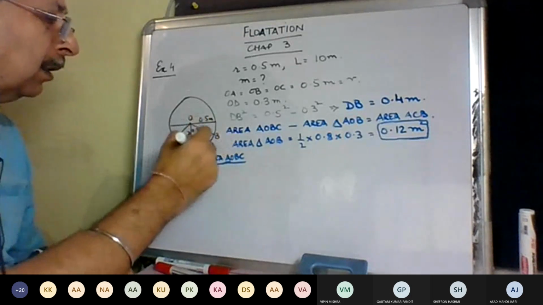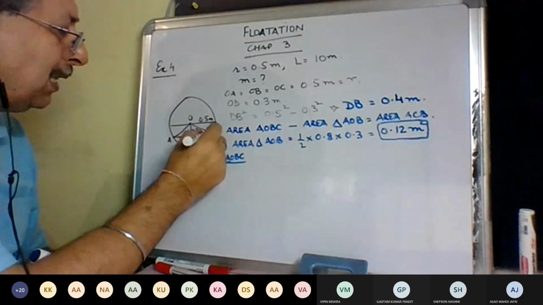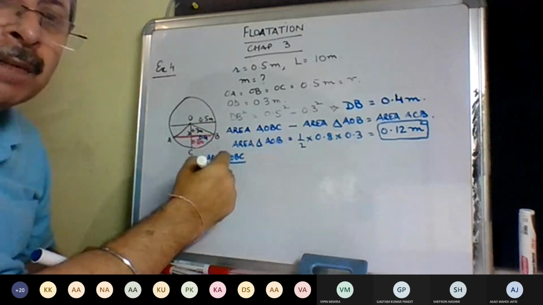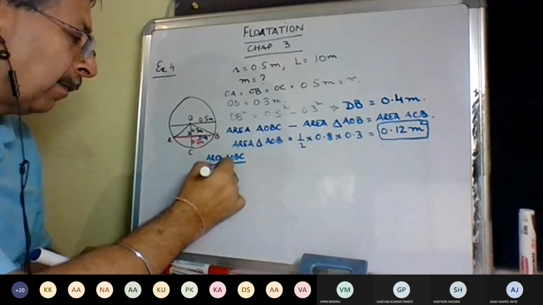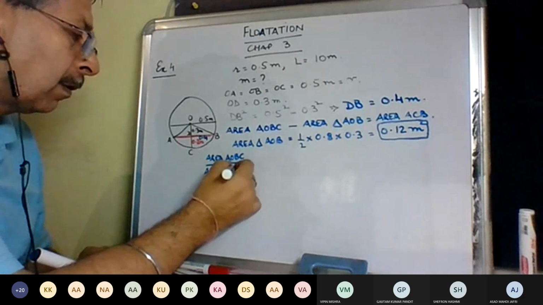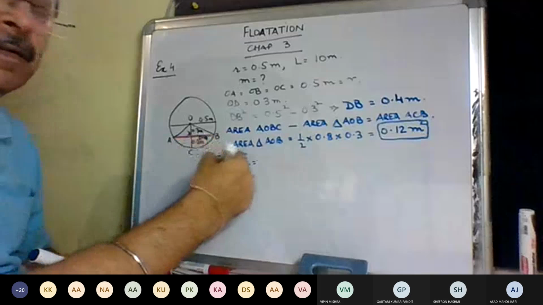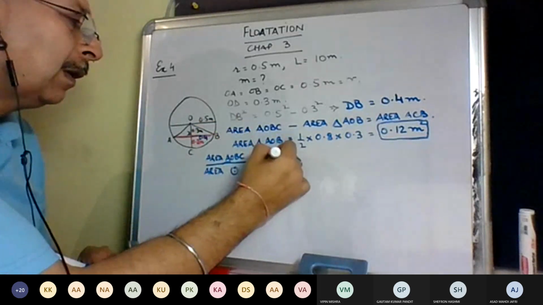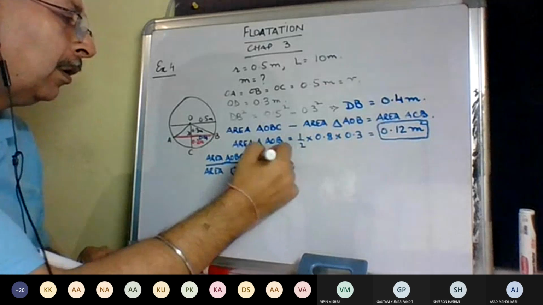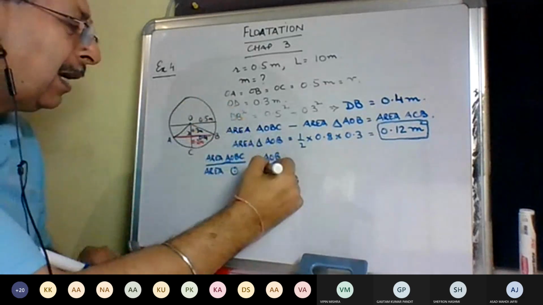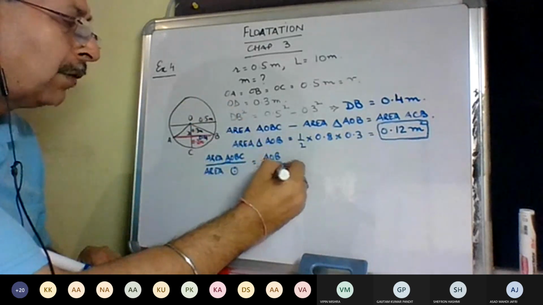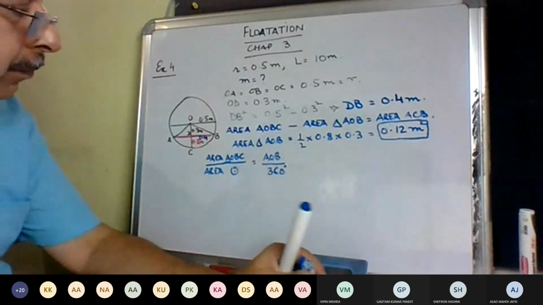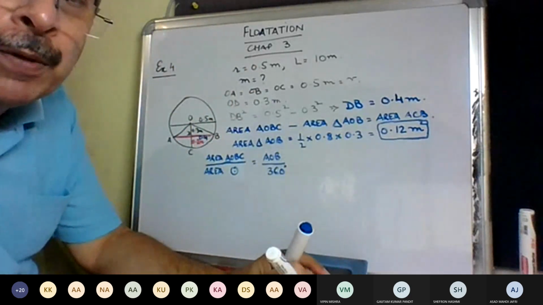Since it's a part of the circle, so AOBC upon area of the complete circle will be equal to the angle AOB divided by the angle of the whole, which is 360 degrees. Which property am I using?